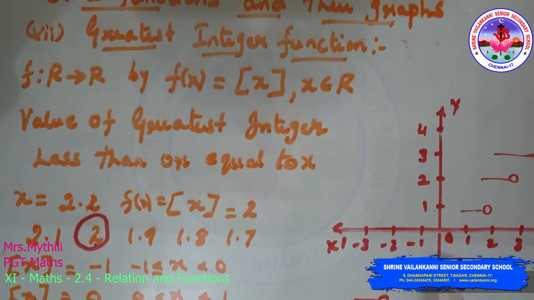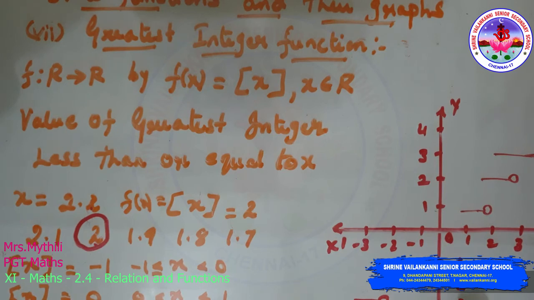If we take x as minus 1, then it would be minus 0.9, minus 0.8, etc., till 0. So there are many points in between minus 1 and 0. But the greatest integer, that is y equal to f of x, less than or equal to x, is minus 1.